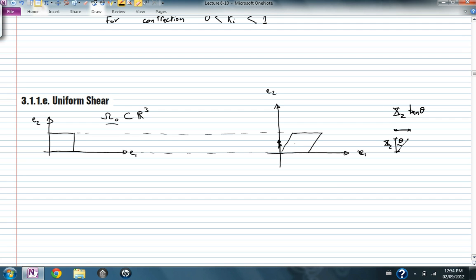And so the new position x1 is equal to the old position X1 plus a little bit more. So for example, this point, this is capital X1, this is capital X1 plus a little bit more, and this little bit more is equal to X2 tan theta.